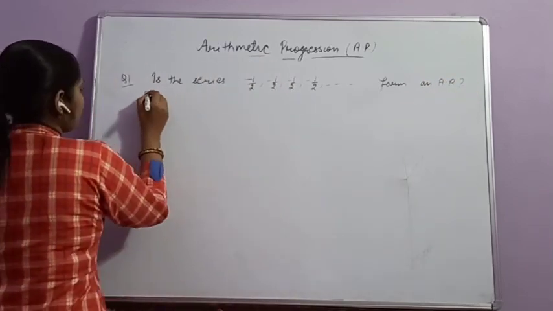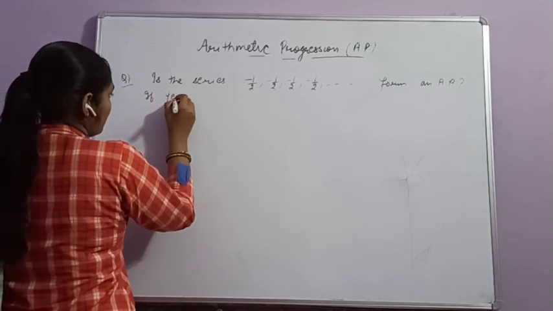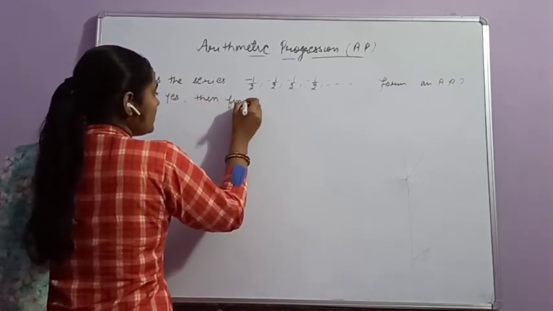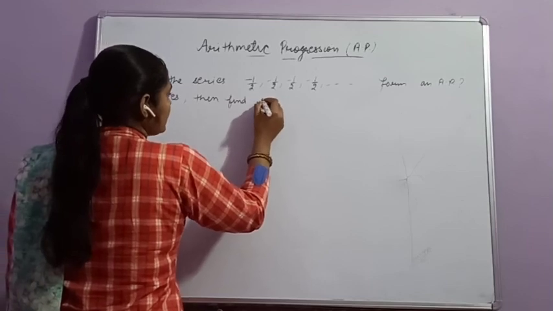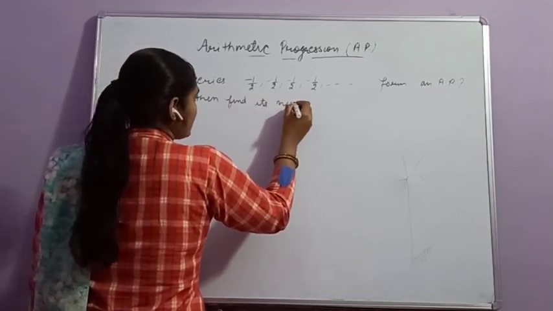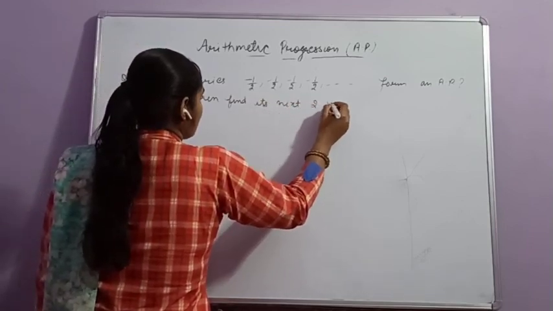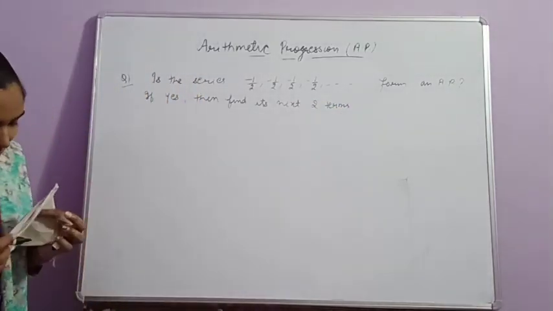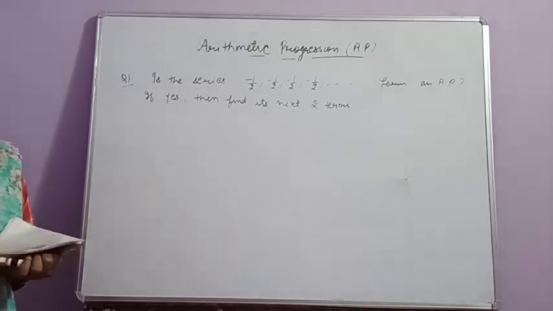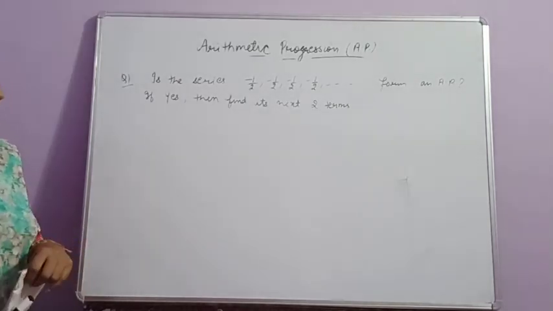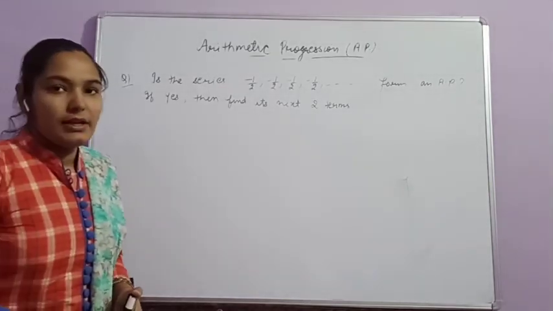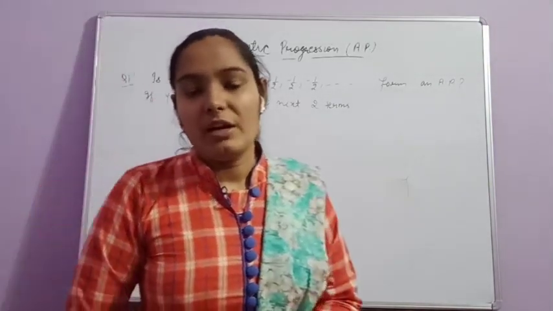If yes, then find its next two terms. Clear? The series is given to you and you have to check whether it forms an AP or not. If it forms an AP, then find its next two terms. Clear? Write the answer in the comment box.